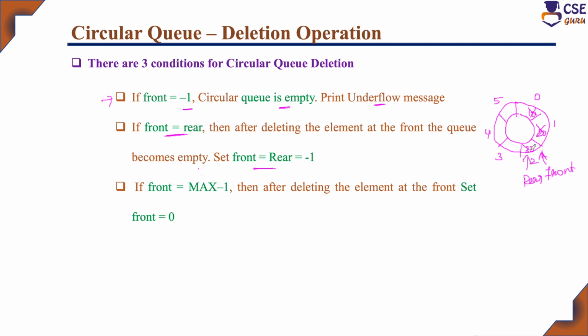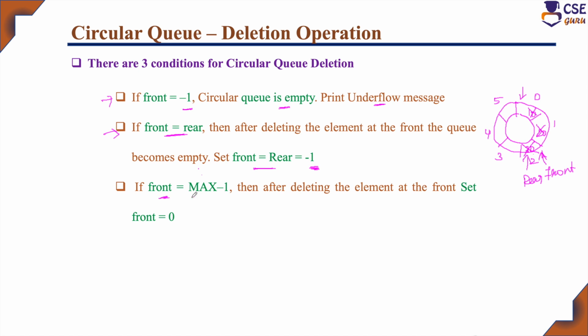After deleting this element 30, you have to set front and rear to -1. Why do we have to set this? It means the circular queue is empty, so you can start from a new memory location. The starting memory location itself can be used for insertion. That is the meaning. If rear and front are pointing to the same memory location, delete that element. After deleting, set front and rear to -1. This is the second condition.